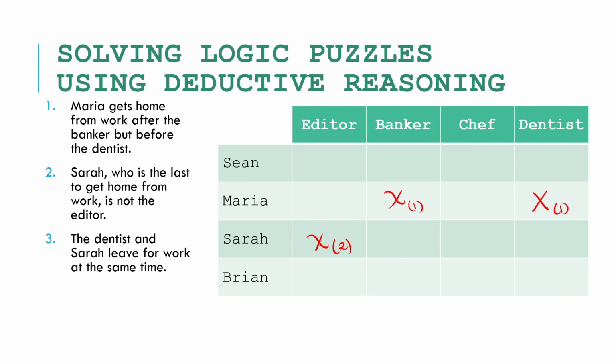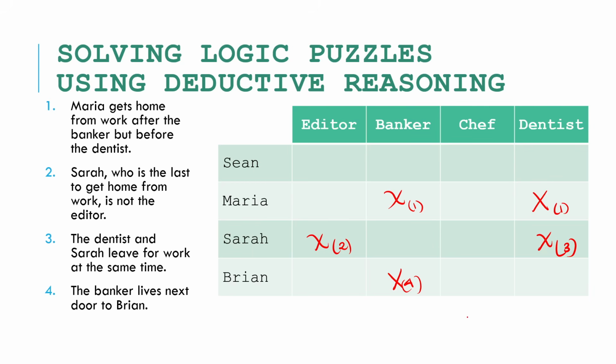The dentist and Sarah leave for work at the same time. So if Sarah and the dentist leave for work at the same time, then Sarah cannot be the dentist. Okay. Last clue. The banker lives next door to Brian. The banker lives next door to Brian, so Brian cannot be the banker. Okay? And this gets X because of clue number 4.